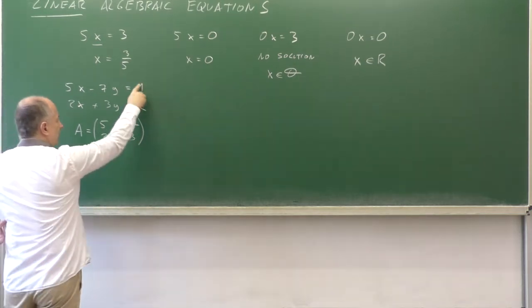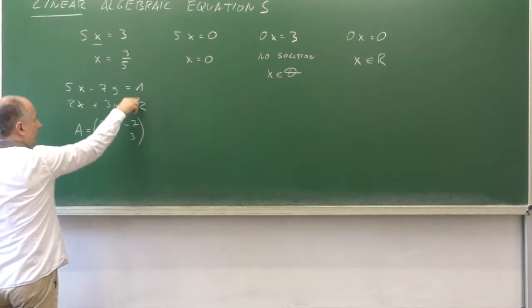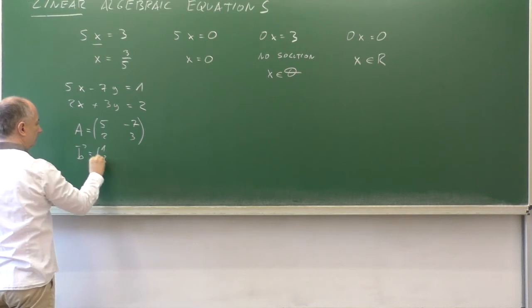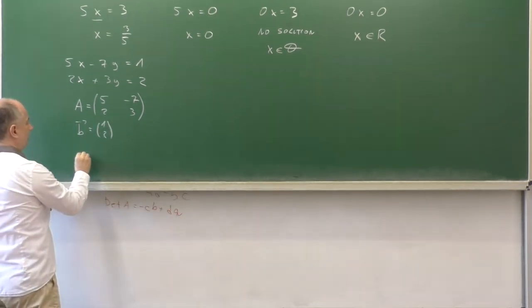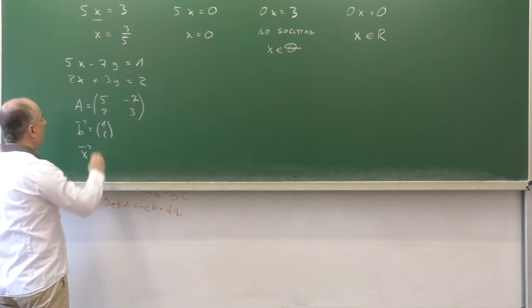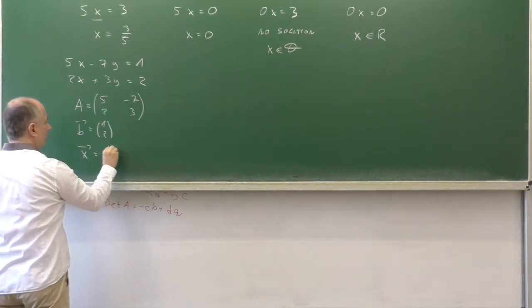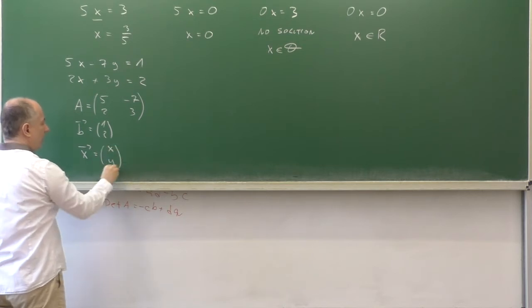It is convenient to introduce a vector b with the right hand side. And the vector of unknowns x, which has as components the two unknowns, x and y.